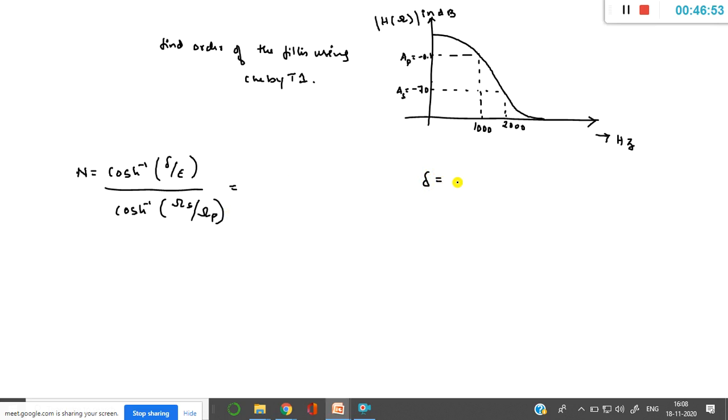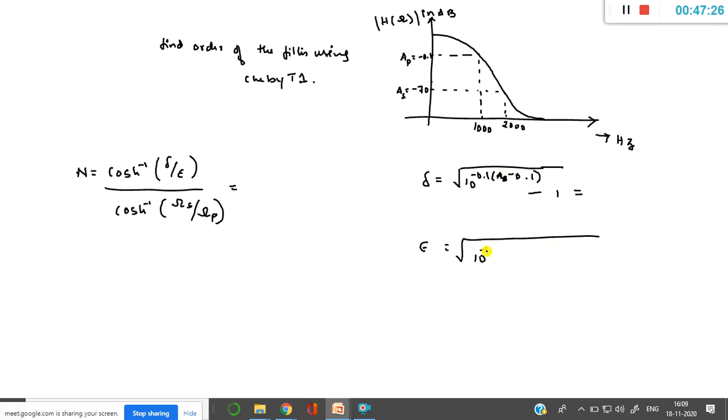Now calculate the value of this. Before that, let me calculate the delta value. Delta is nothing but the square root of 10 to the power of minus 0.1 times A_s, where this is the stop band, minus 1. Pass band here is 0.1 again, so inside it is 10 to the power of 0.1 minus 1.